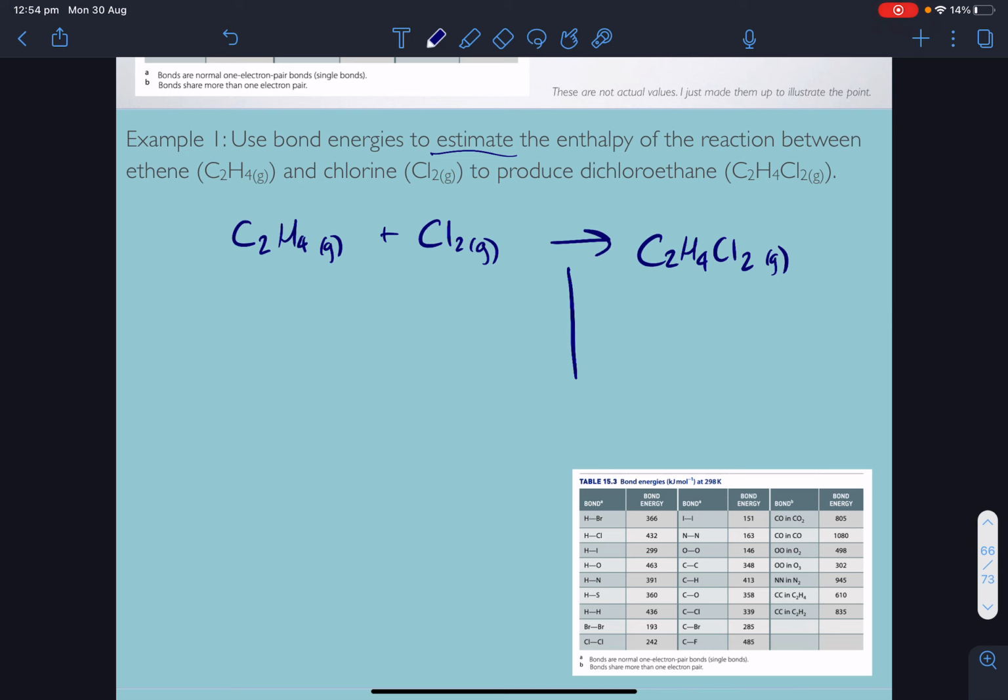I'm going to expand these out, and you should be able to do this by now. Oh, hold on. Look at me saying you should be able to do it and make an error. Next year it'll help out because you'll know the structures of these more. But you can probably intuitively guess these structures and how many bonds there are.